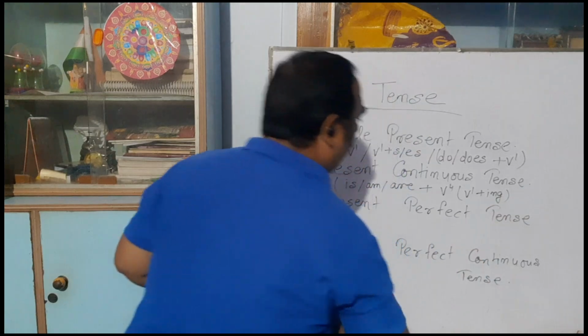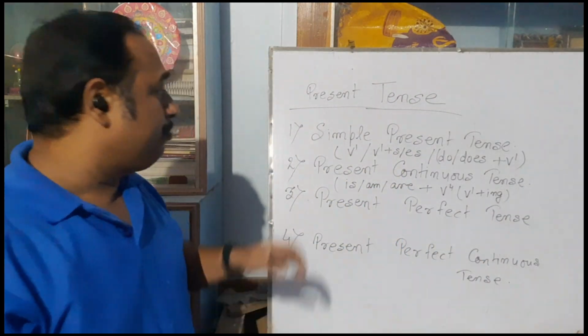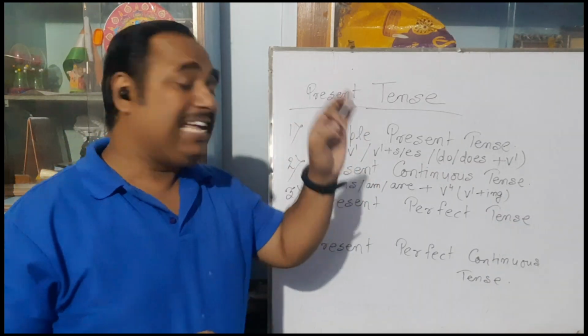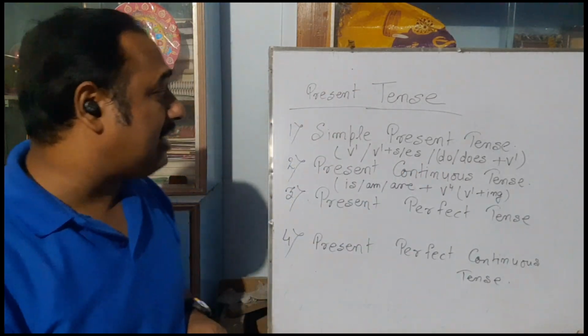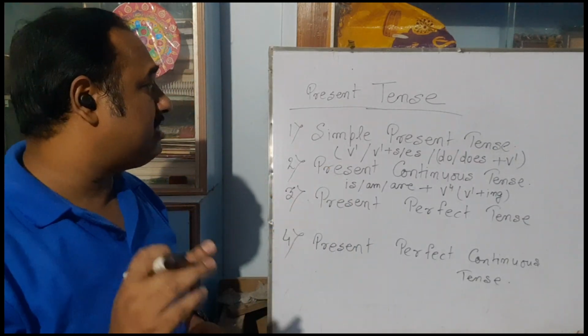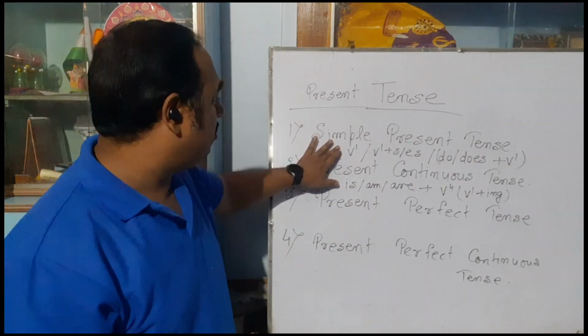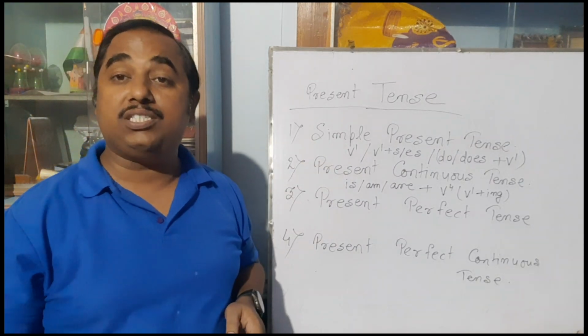Mostly we add ing to V1, and that will be V4. So if you see is, am, are plus V4, then that sentence will be of present continuous tense. Got it?